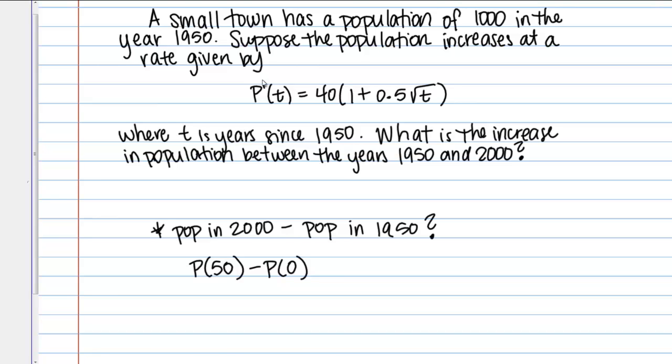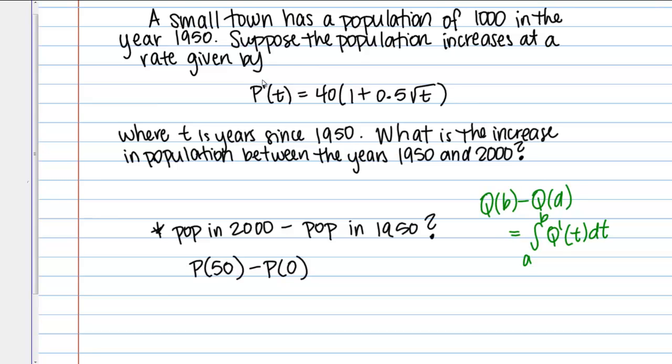Well, hopefully you just read about the formula for net change, right? We're looking for the net change, and we're given the derivative of the quantity, p prime of t. Okay, so the general formula for net change for some quantity q is the integral over whatever interval of q prime of t.